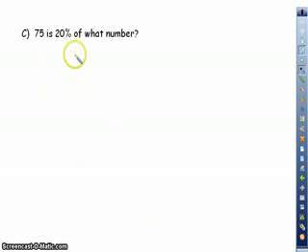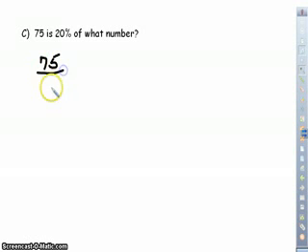And our last problem for today, 75 is 20% of what number? Again, it's saying 75 is, and is always means equal. 75 is 20% of that number. So this is my part. We know the part. That's 75, over base, we don't know, equals 20 over 100.